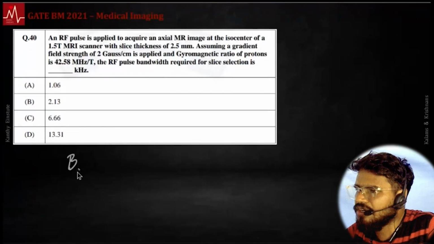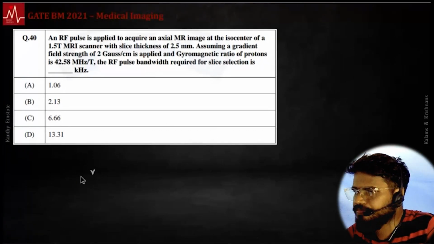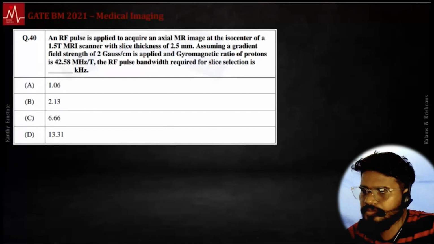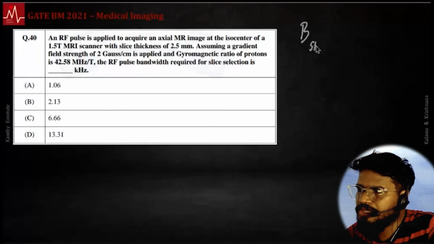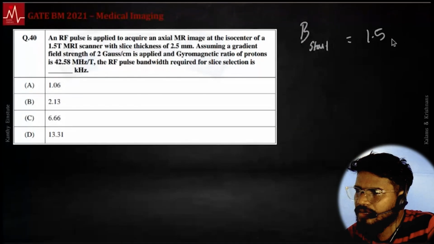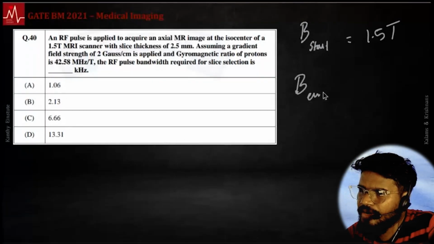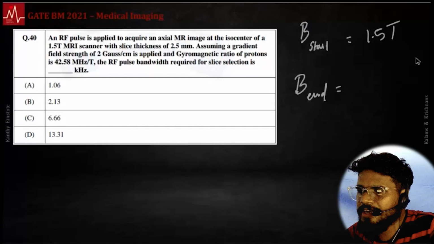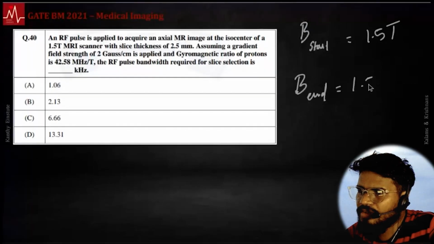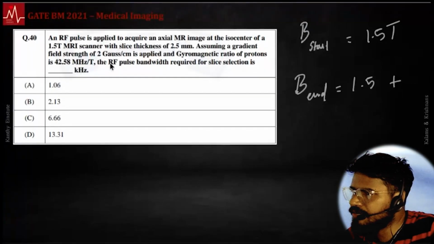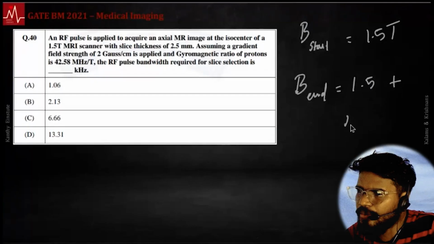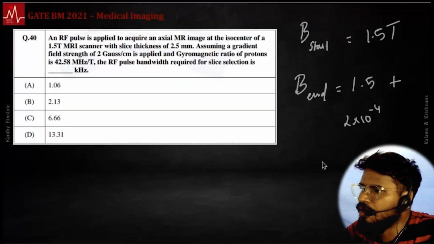So if B at the start of the slice is, let's say, 1.5 Tesla, then B at the end of the slice is 1.5 plus gradient times distance. The gradient is given to be 2 Gauss, so 2 into 10 power minus 4 Tesla per centimeter.